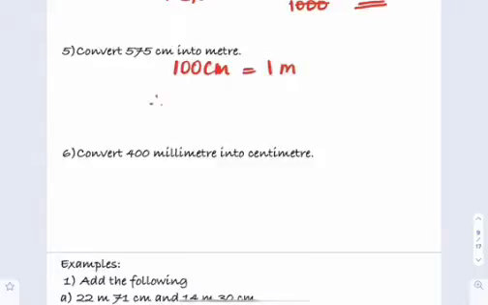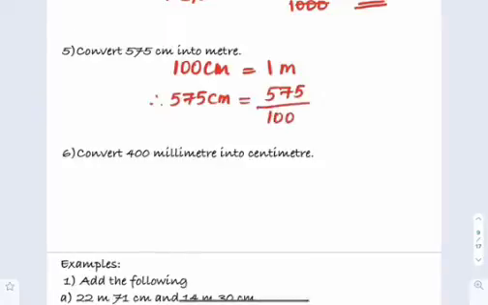Therefore, 575 centimeters is equal to 575 divided by 100. We need to divide when we try to convert smaller units to bigger units.